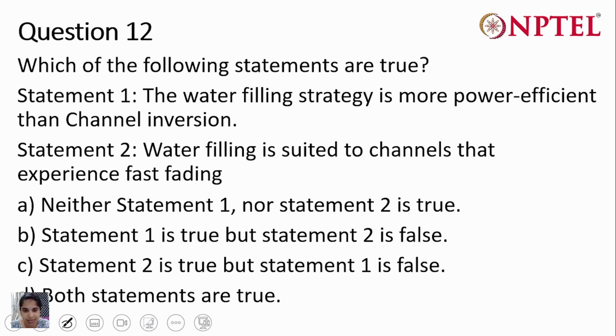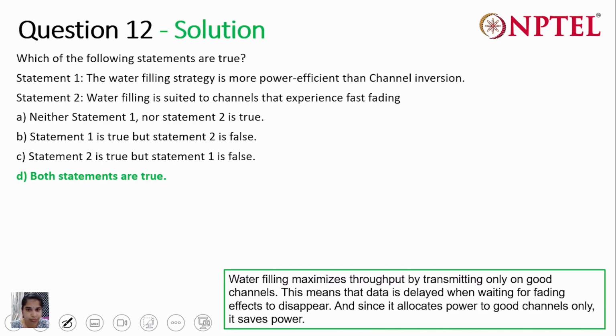Actually, both are true. One is true for sure because you allocate power only to good channels, so it's more power efficient. Two is true in the sense that even though the channel is fast, we consider instantaneously how often this SNR occurs, with what probability, and then we try to get an optimal power allocation.